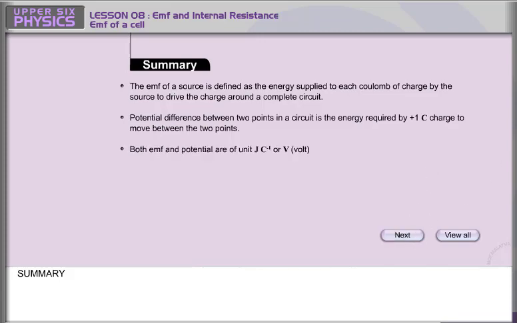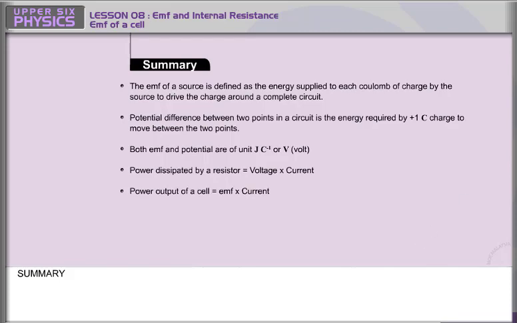The units for both EMF and potential difference are joules per coulomb, or volts. Power dissipated by a resistor equals voltage times current. Power output of a cell equals EMF times current.